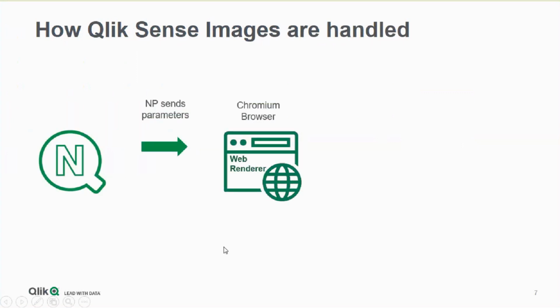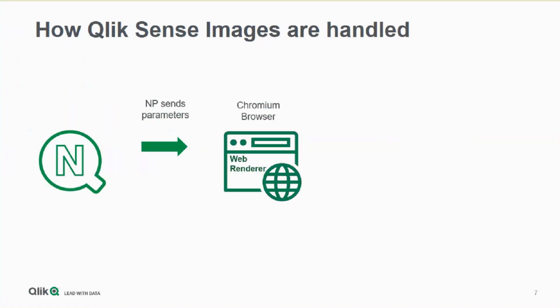Web Renderer uses a Chromium browser, so it's more of a virtual browser used by NPrinting. NPrinting sends parameters to Chromium. Let's give an example scenario: say a user, user one, wants a report, and with that report they want Qlik Sense images.